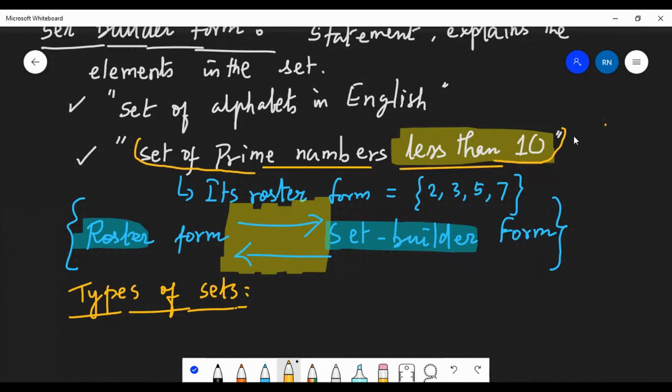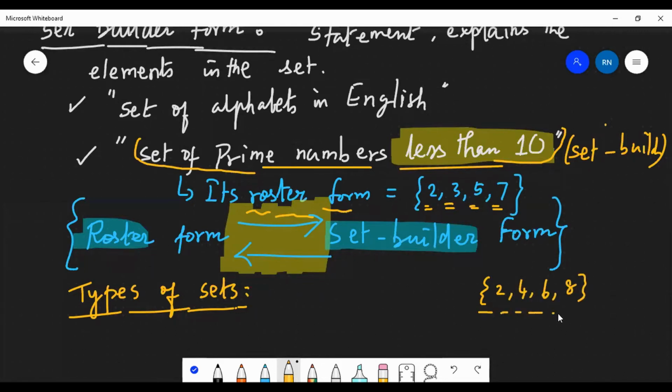Is that actually a sentence form, sir? Set builder form. Yeah, set builder form. Now the set builder has been converted to roster, like this. Yeah, 2, 3, 5, 7. Okay. So it is possible also to convert from roster to set builder. For example, I give you a set of, for example, 2, 4, 6 and 8.